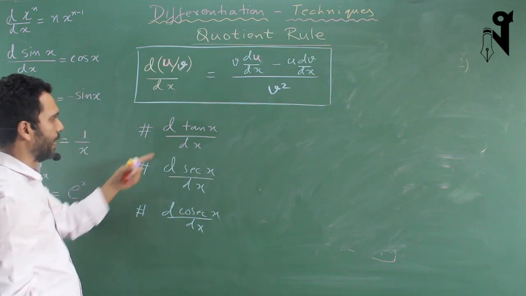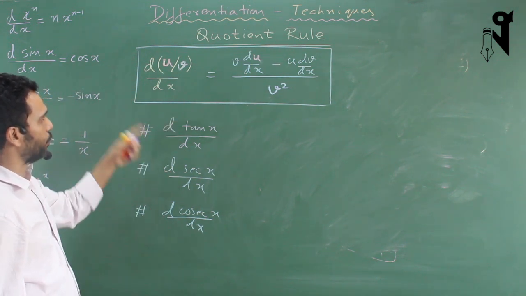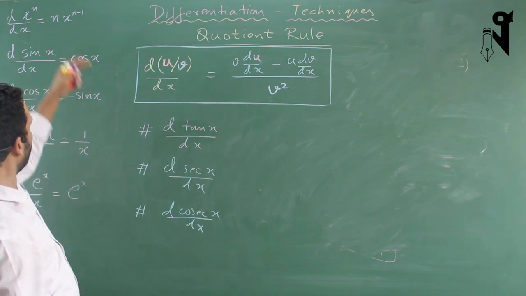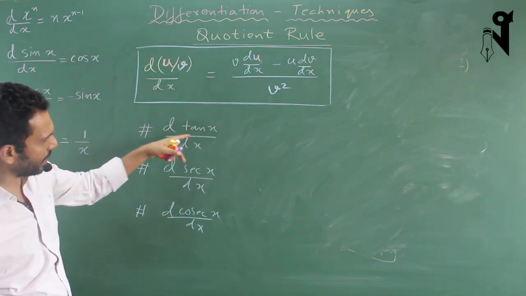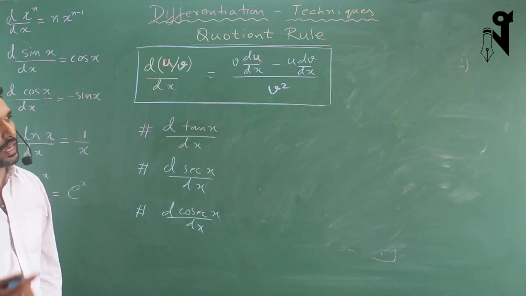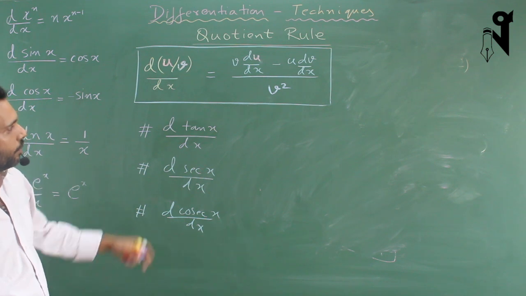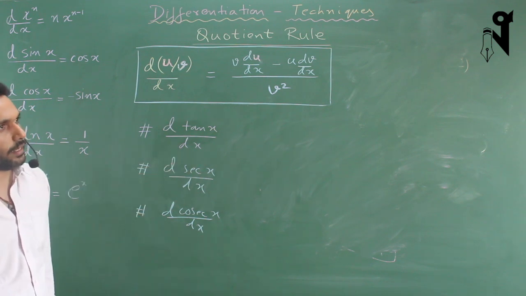Cosec x won't be used that much, tan x might be, but with the rules you have done, and only 4 of them given, can you find these? Now can you do a tan x? Can you do a tan x? Yes, we can. Tan x is sin x by cos x. So we can apply quotient rule and we can do a tan x.